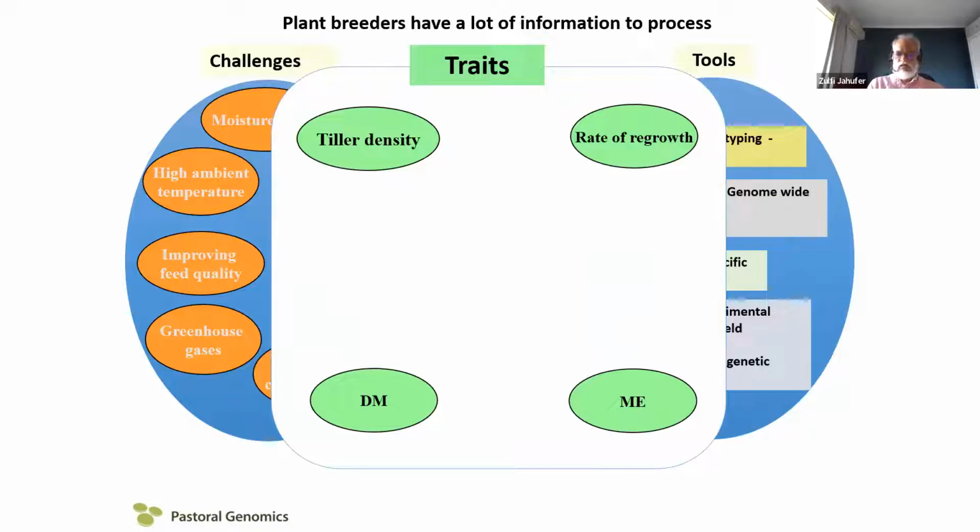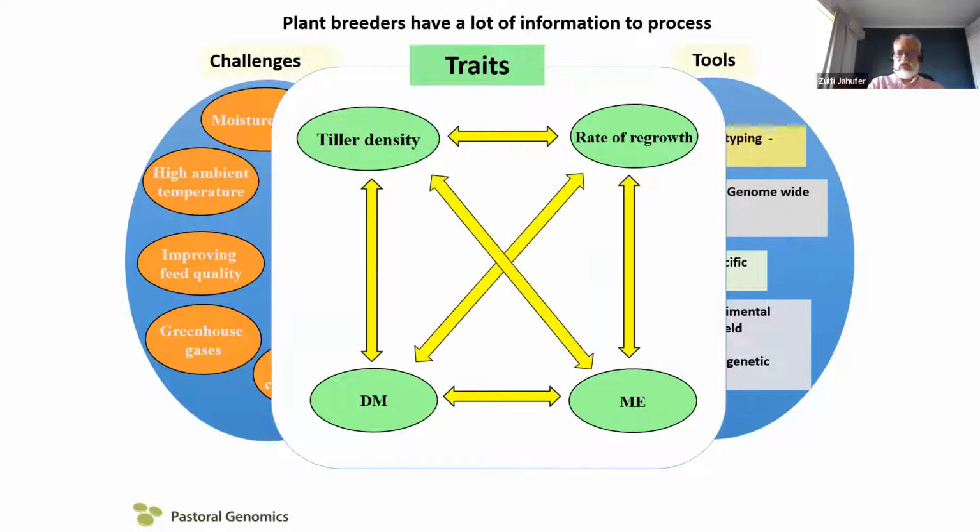As an example, we had to understand the traits and how these traits interact with each other, and try to use these tools to improve these important traits and understand the genetics that's driving the trait expression.